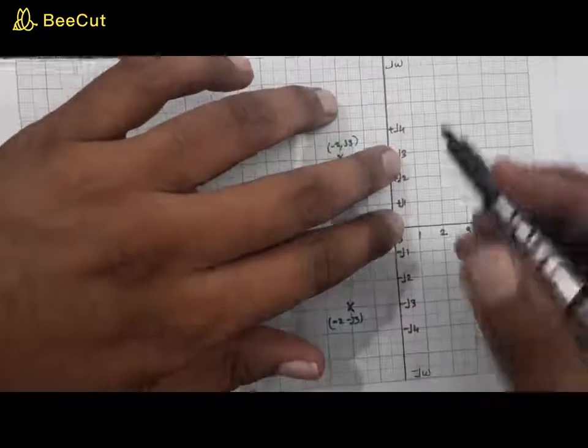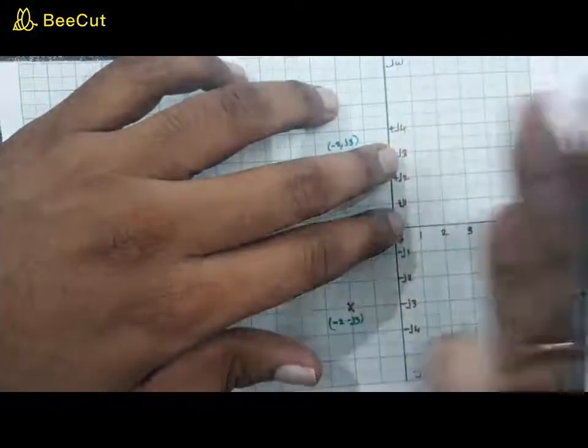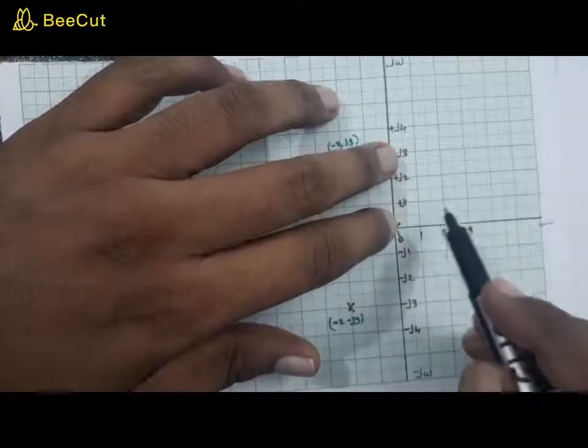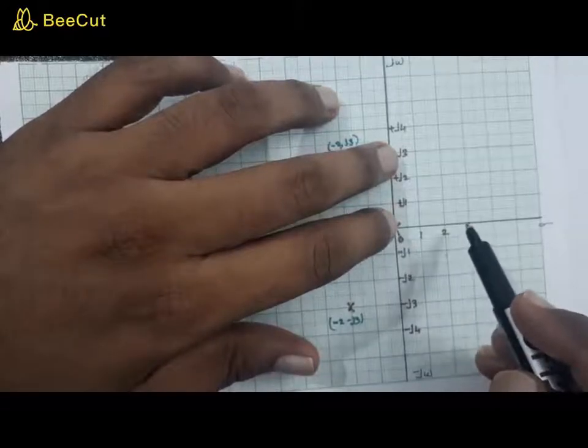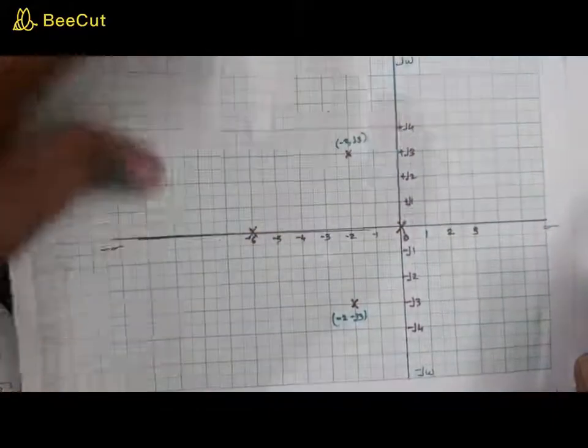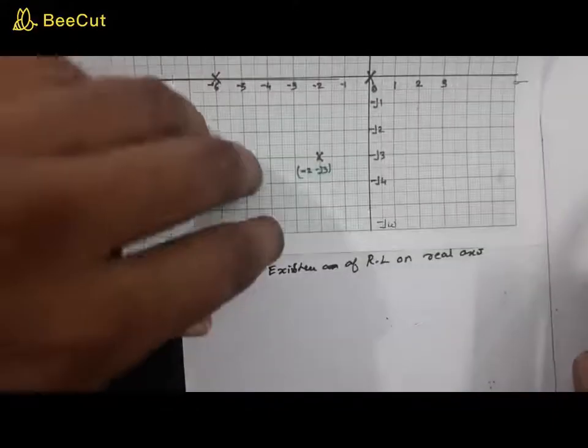Why? Because if you count the number of poles and zeros after this point, that's going to be equal to 0. Therefore, the number of poles is an even number.